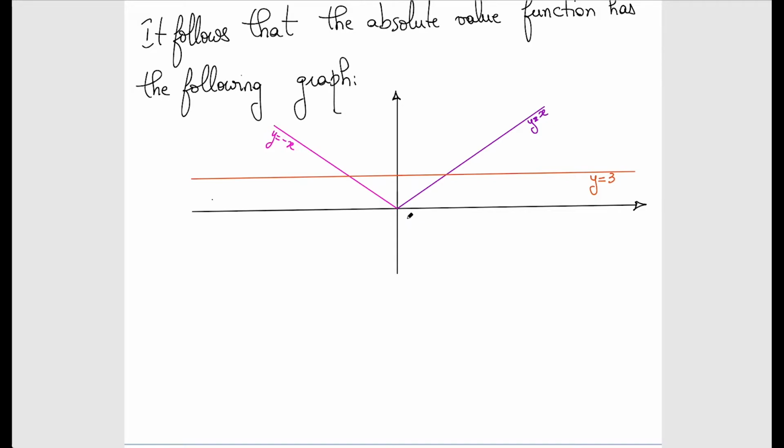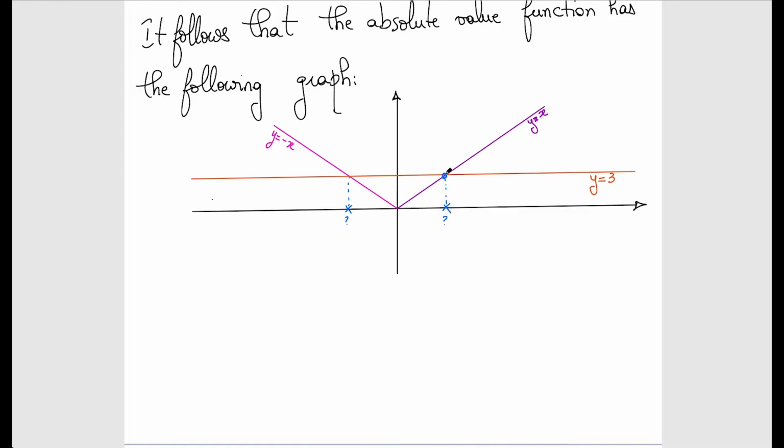Okay, so here's the question then: when is the absolute value function intersecting this horizontal line y equals 3? Meaning at what points? So the question is, what are these guys? Apparently I'm gonna have two of them, right? So what are these guys? What are the x coordinates of these points? All right, let's pay attention.